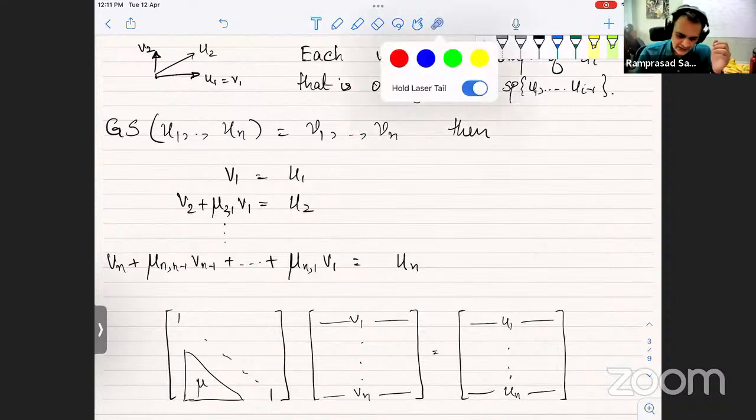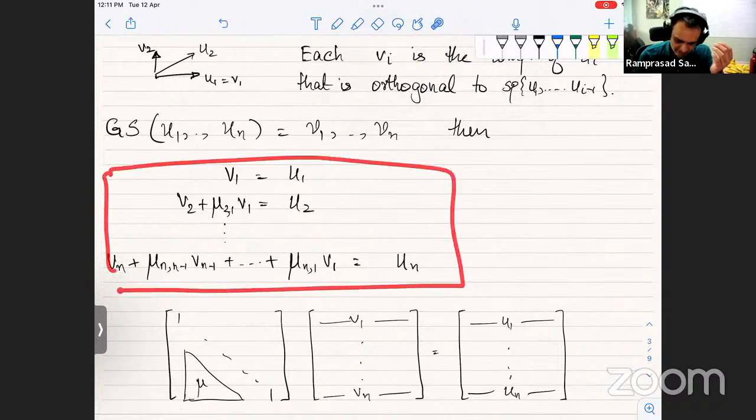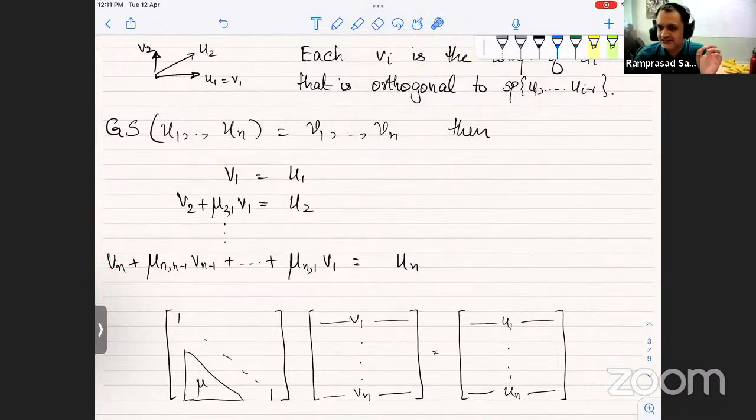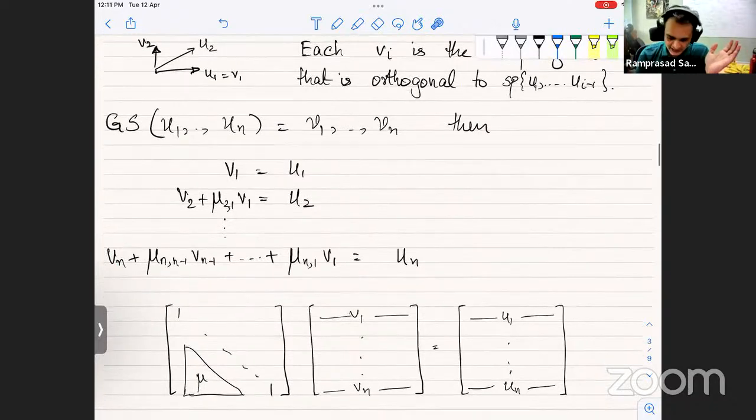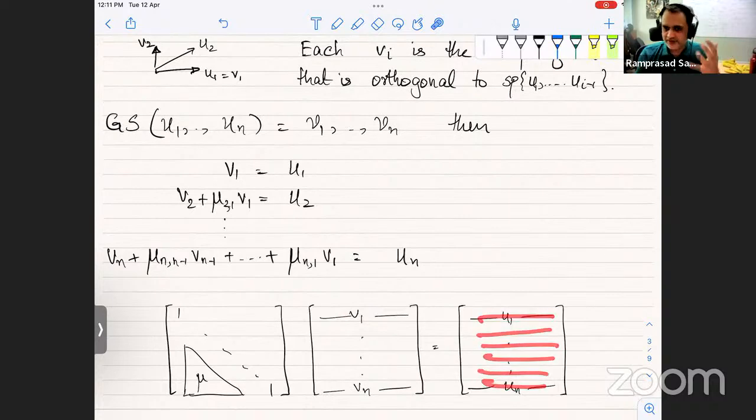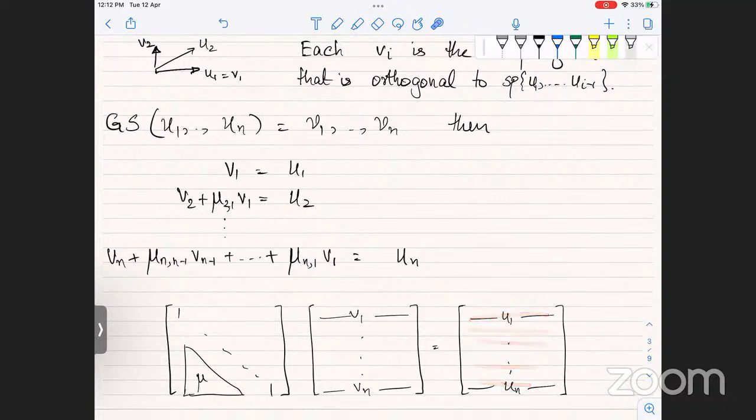Like was just mentioned, if you look at this equation that Gram-Schmidt satisfies, it basically can be written in a matrix form. If I think of V1 through Vn as the rows of a matrix, which is what you get after you apply Gram-Schmidt, and U1 through Un as the rows of the matrix, which is your original basis vectors, then all we are saying is that there is a way of writing U1 through Un as some lower triangular matrix times V1 through Vn.